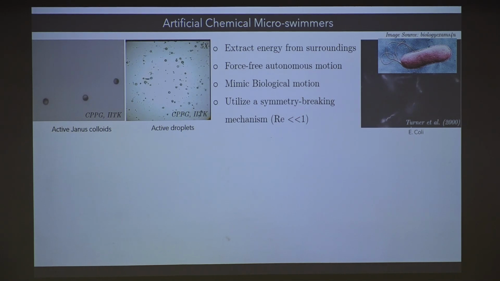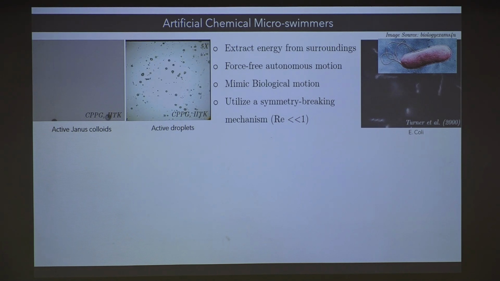So what they do is they utilize a chemistry route to generate this asymmetry, and utilizing this chemistry route, they generate an asymmetric interaction with their surrounding media. Right? So there are two popular choices in terms of chemical artificial microswimmers. The first ones are these active Janus colloids.